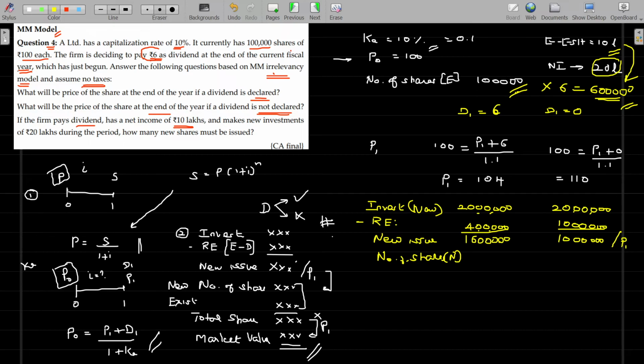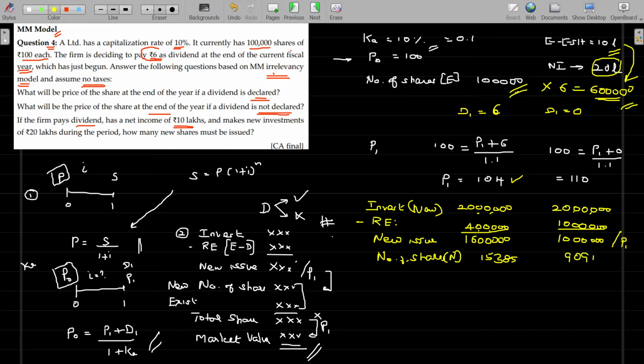With 16 lakhs in the dividend model, each share issued goes at 104 because the share price is 104. 16 lakhs divided by 104 gives 15,385, which I will round off. In this scenario, 10 lakhs divided by 110 gives 9,091 shares.